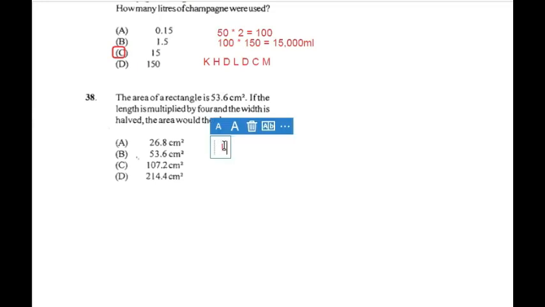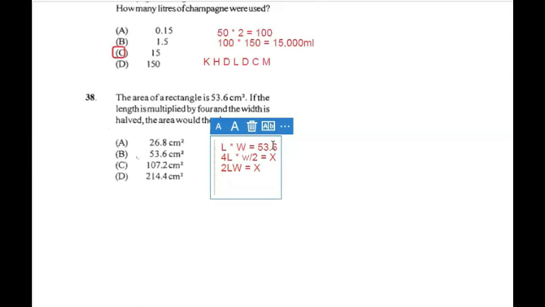So what you're looking at is length multiplied by width is equal to area. In this case, the area is 53.6, and the question said that now we'll be multiplying the length by 4. So it's 4 multiplied by the length, and we're halving the width, so it's width divided by 2, and that is equal to x, the new area that we're looking for. So now we cancel 2 into itself and 2 into 4, and that leaves us with 2 times length times width, and that is equal to x.